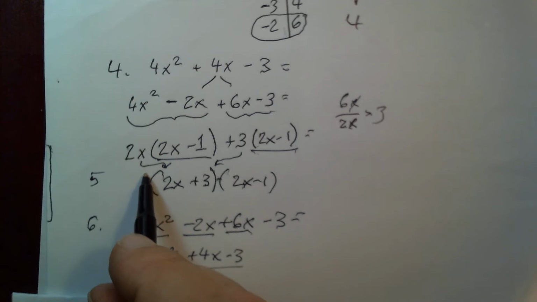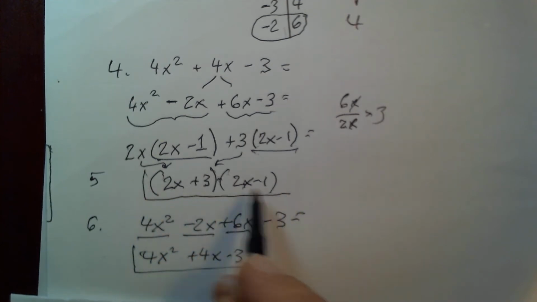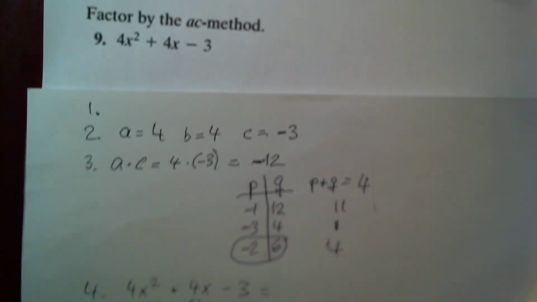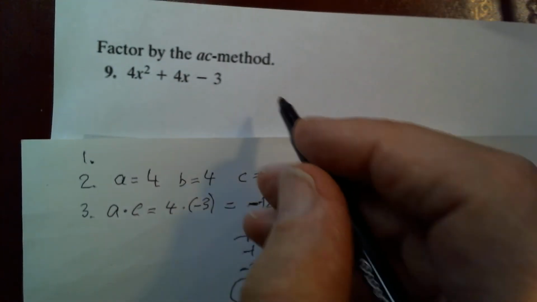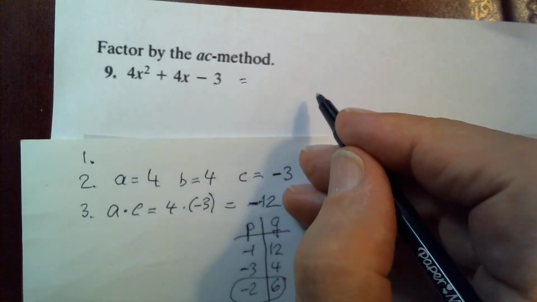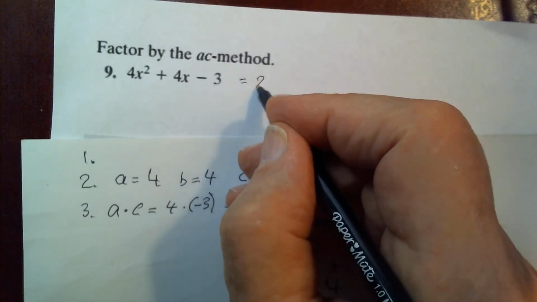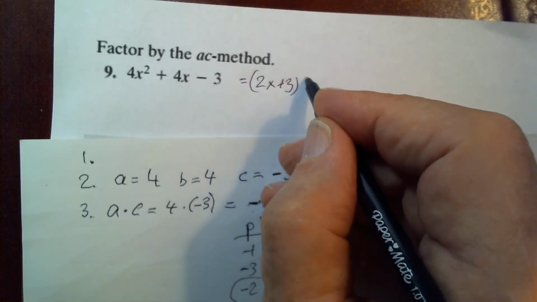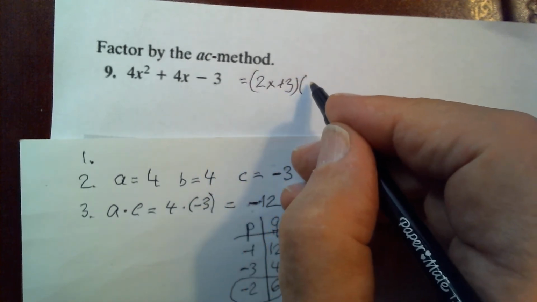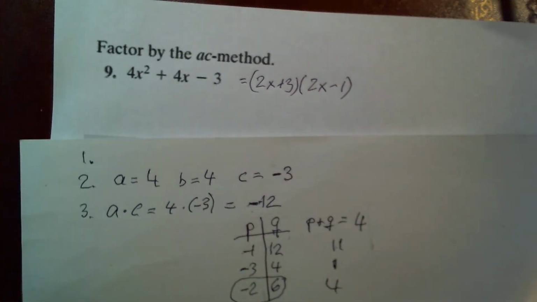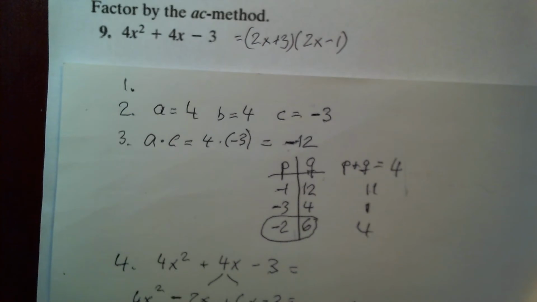So this is the factorization of a trinomial. Let me put the answer in there. So that's equal to 2x plus 3 times 2x minus 1. There. So here's the derivation of the answer.